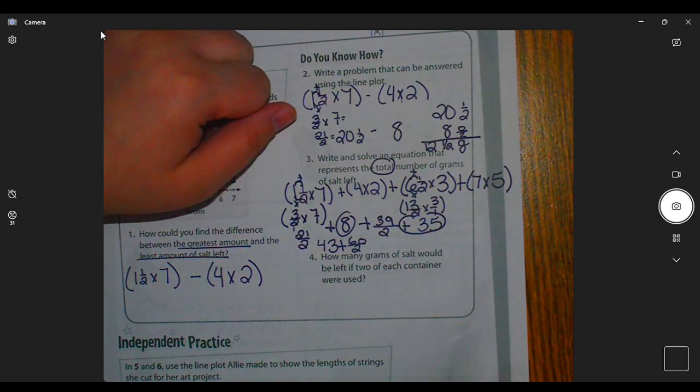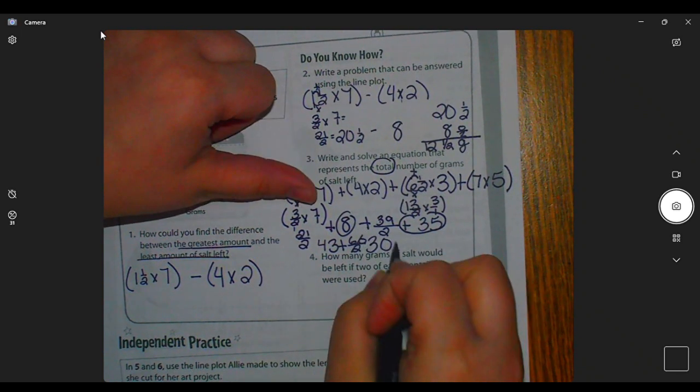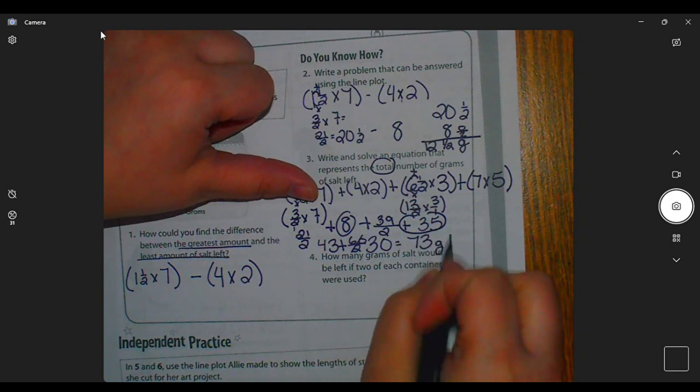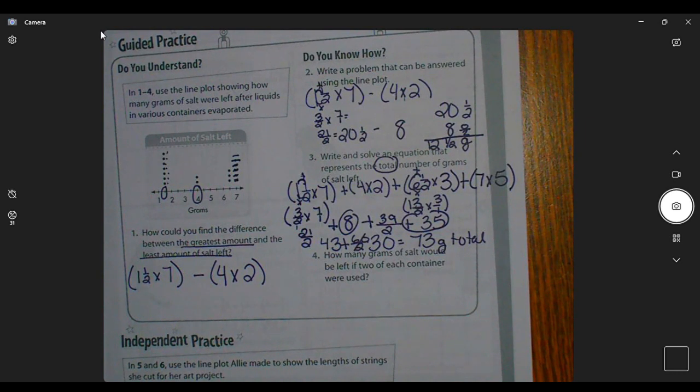That one took us a minute. So 43 plus 30 is 73. And because it's a word problem, I have to say 73 grams total. I have to be able to say it is a total amount.